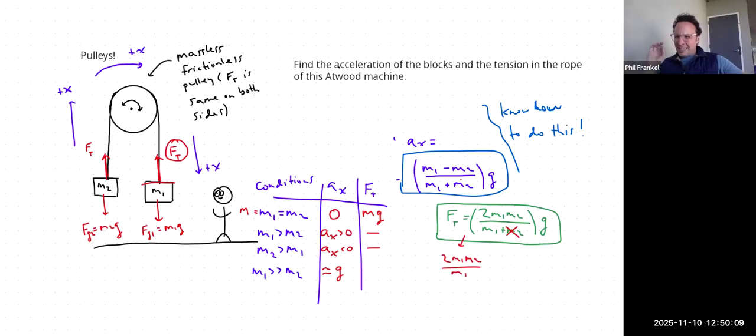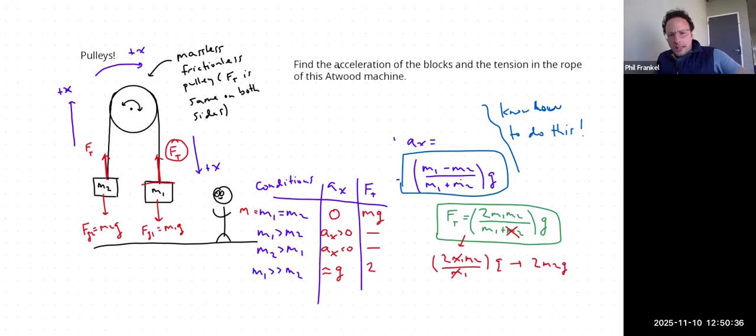I can ignore the little mass M2 whenever I add it to M1 or subtract it from M1. When I multiply them, I have to treat them equally. A big number times a little number is not just simply a big number where you could ignore the little one. But now M1 cancels out, and I get 2M2g. So the tension in the rope is 2M2g.